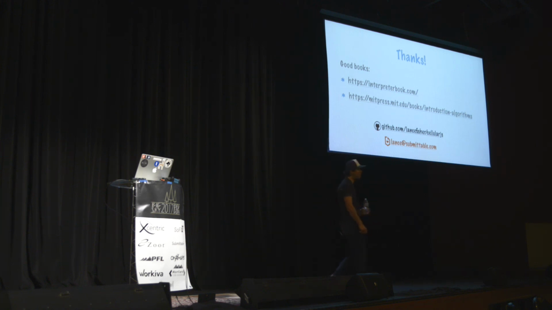A couple of books that I really recommend if these compilers interest you. This first one is called Interpreter Book, and it's how to build an interpreter with Go. Even if you're not familiar with the Go programming language, this book is super accessible. It's an easy way to get into how an interpreter works.